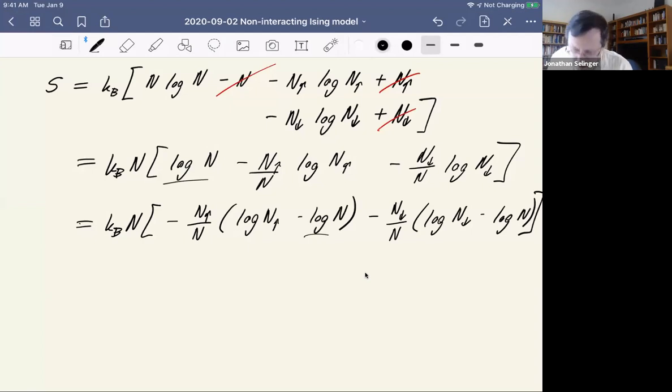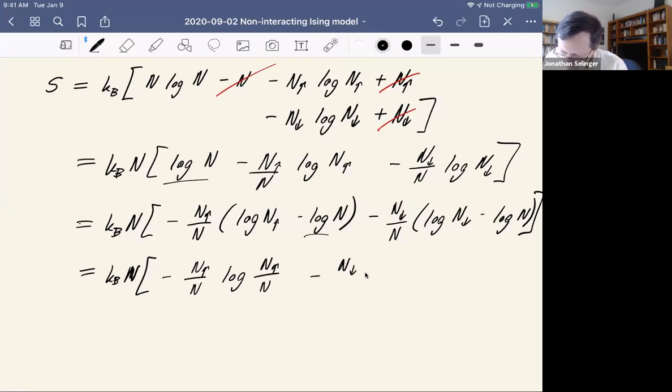Okay. And so this is Boltzmann's constant times n, minus n up over n log n up over n, minus n down over n log n down over n.